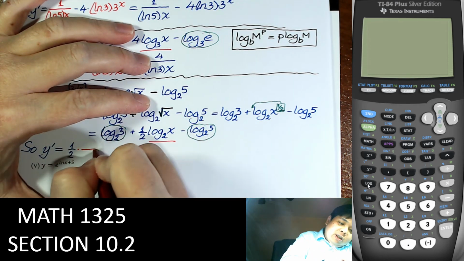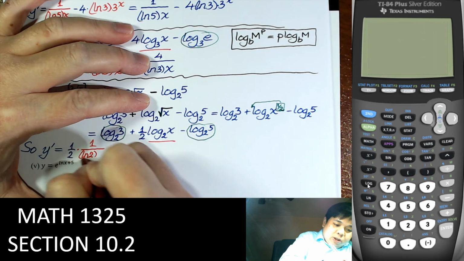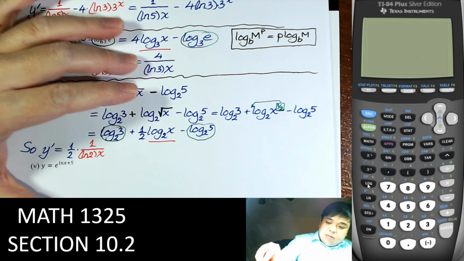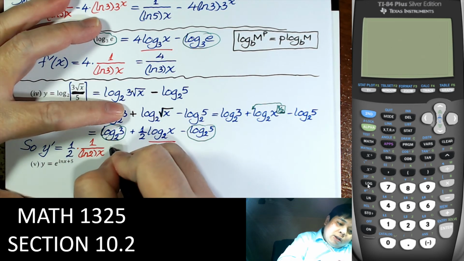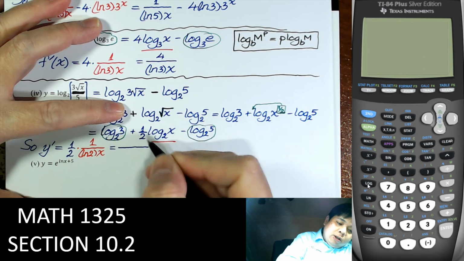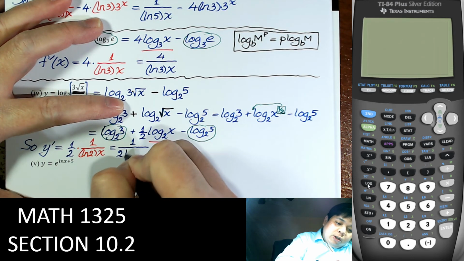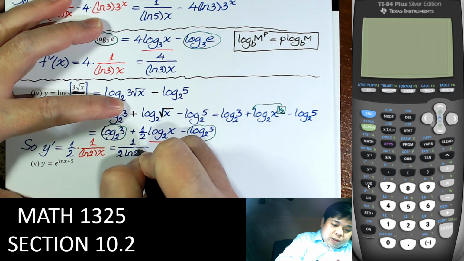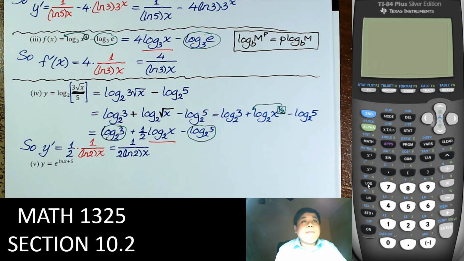The derivative is 1 over ln of the base 2 times x. So multiply straight across, we have 1 over 2 ln of 2 times x. Just like that.